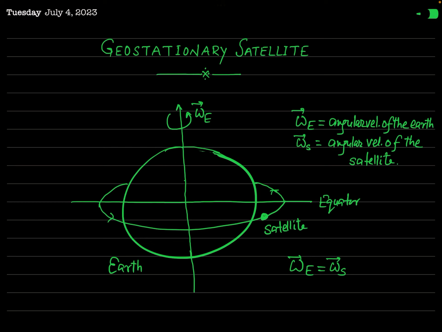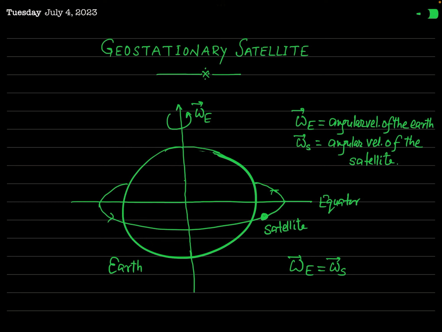This geostationary satellite must revolve in a circular orbit, so here we define the radius of the orbit, not the major axis or minor axis as in the case of an elliptical orbit, because the orbit of the geostationary satellite is definitely circular.